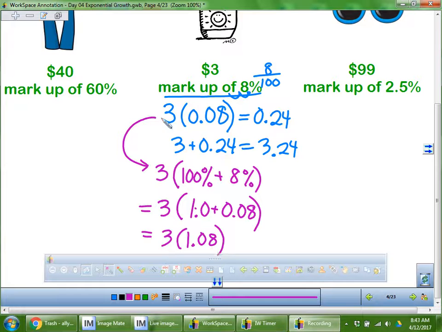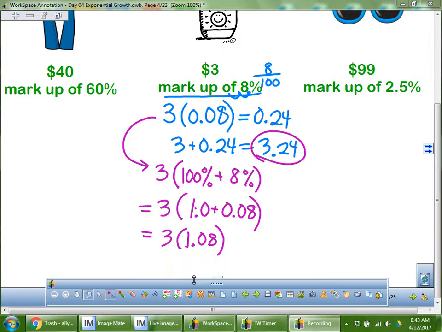In the blue work, we did 2 steps, which is fine, and we got our answer. But if you want, you could save yourself some time and just say, I'm going to do 100% and 8% together. And you do it in 1 step. So on your calculator, if you do 3 times 1.08, you're going to get the same answer of 3.24. It's just doing it all in 1 step instead of 2 steps.